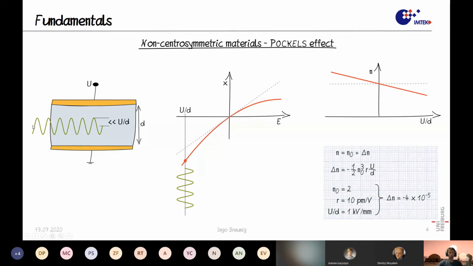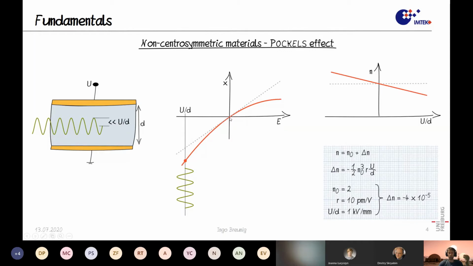Let us assume that we have a light field with a certain amplitude, and for simplicity imagine that the amplitude of our light field is much weaker than our static electric field. So then our situation is like this. We have the displacement of our electrons as a function of electric field. This red curve is something that we already know from the previous slide.